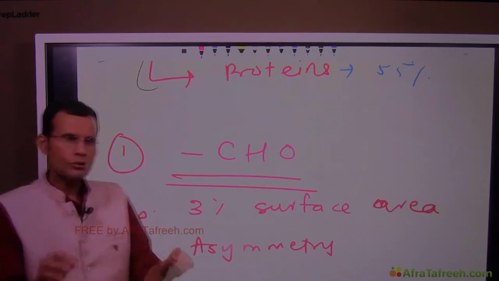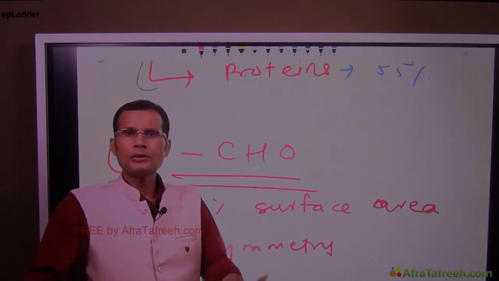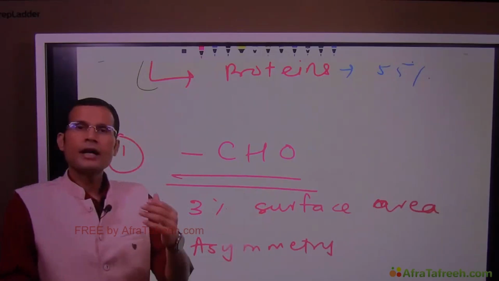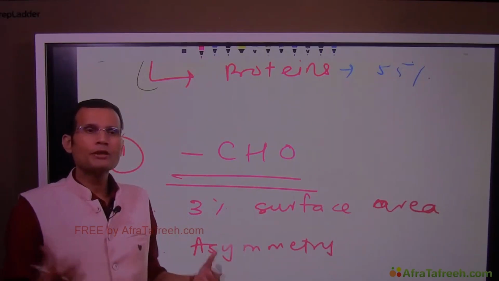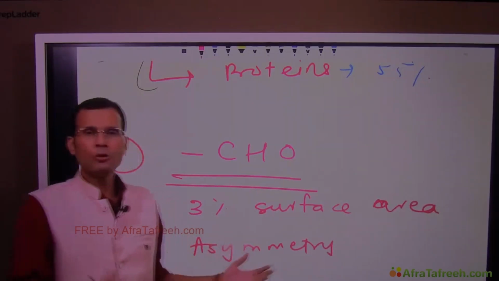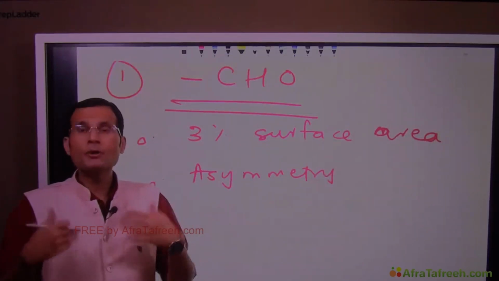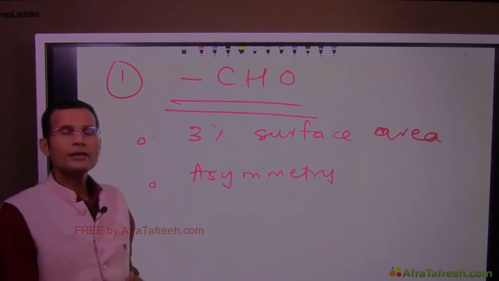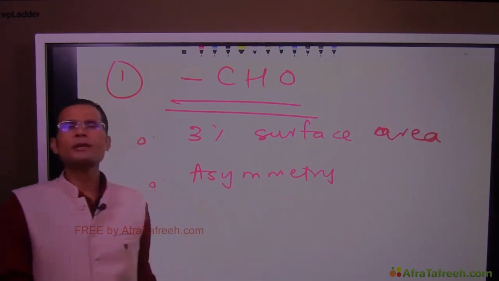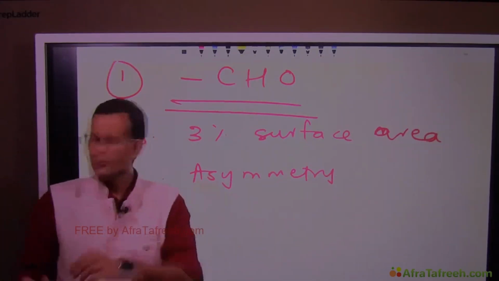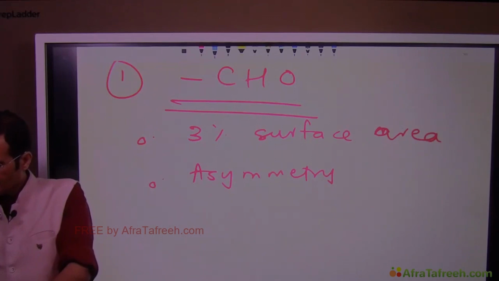So most of the students answer proteins, thinking that the proteins themselves are asymmetrical, and therefore no, it's the carbohydrates. It's because of the carbohydrates that there is asymmetry to the membrane. Carbohydrate moieties are attached asymmetrically on either side of the membrane.